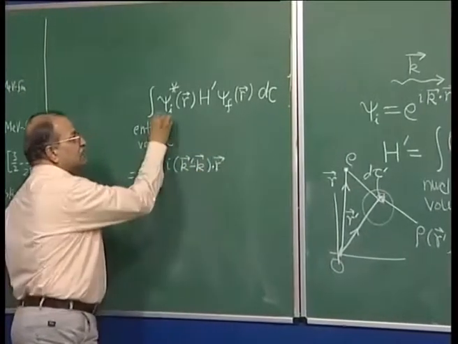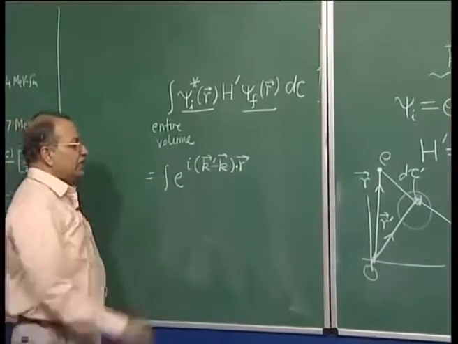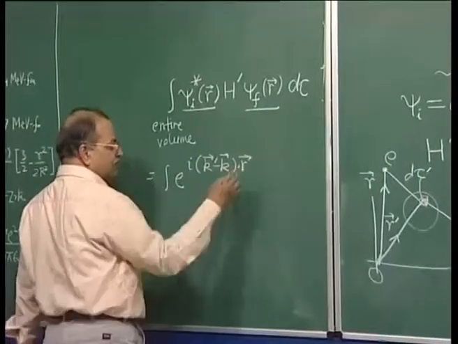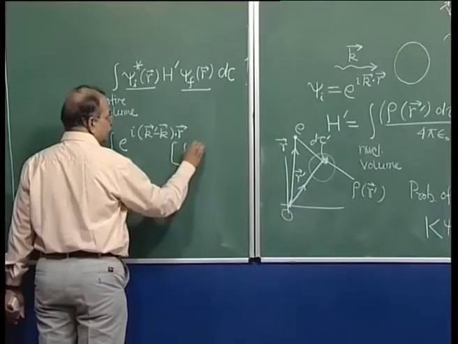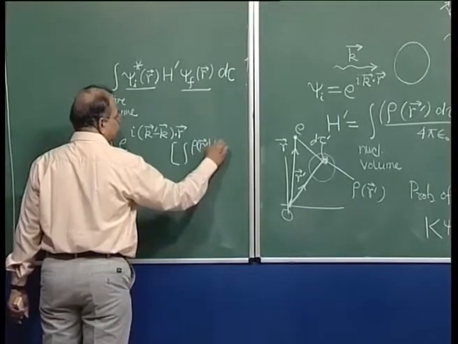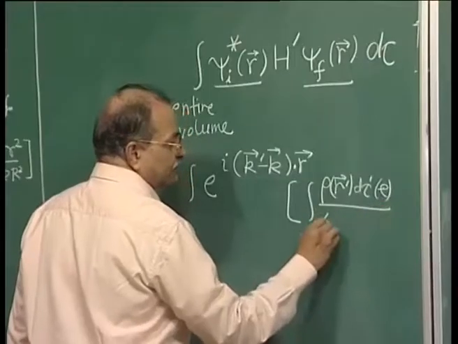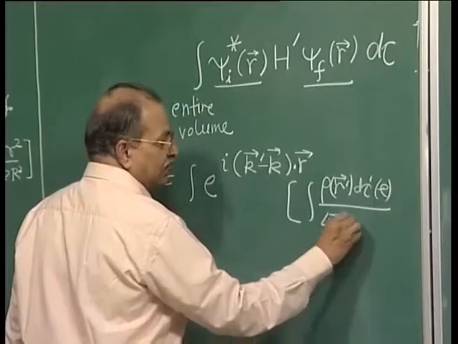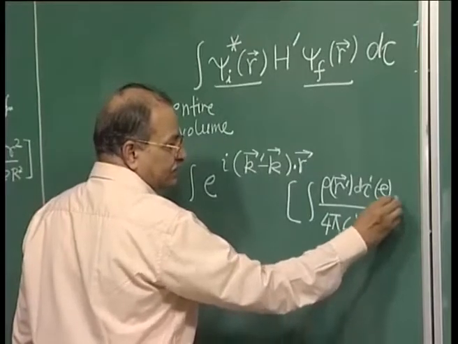So, I have done this part and this part together, that is this, and that is multiplied by whatever is written there, this h prime, integration rho r prime d tau prime then minus e over 4 pi epsilon naught times mod of r minus r prime, all these things, and that is it.